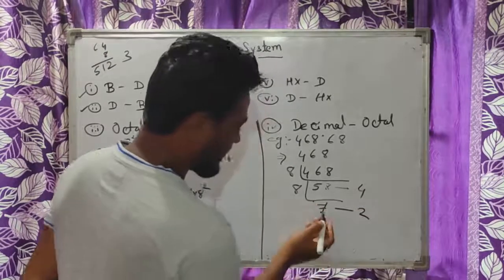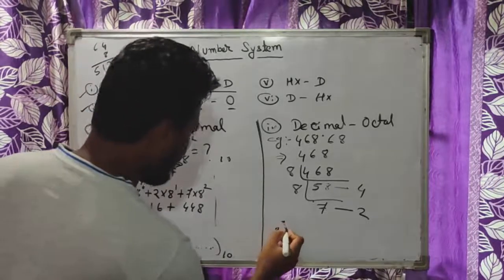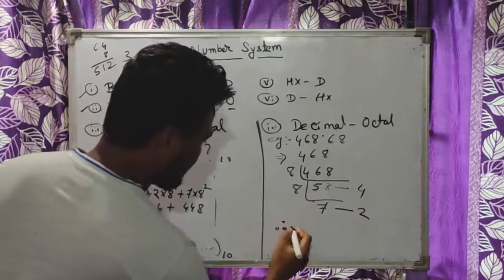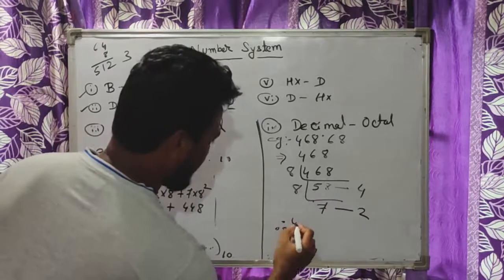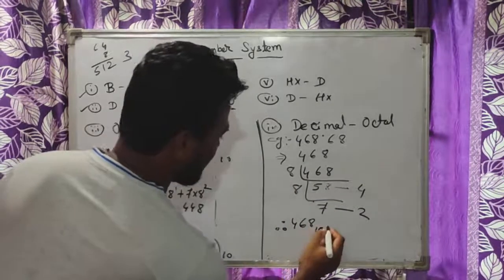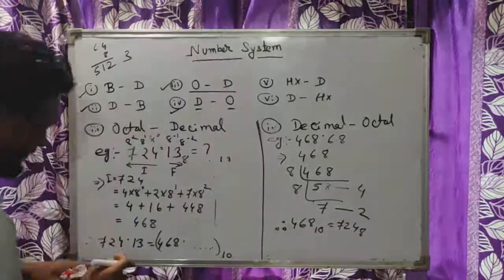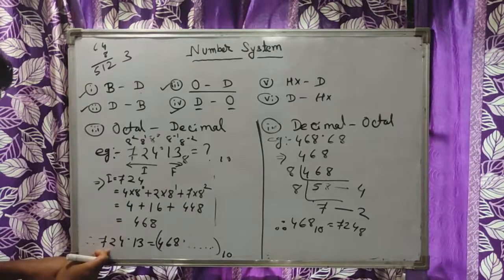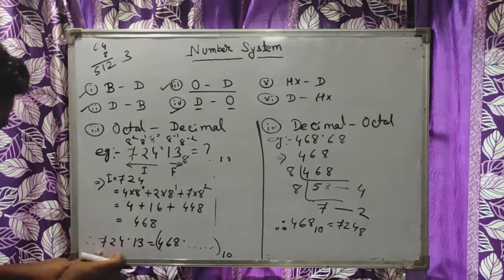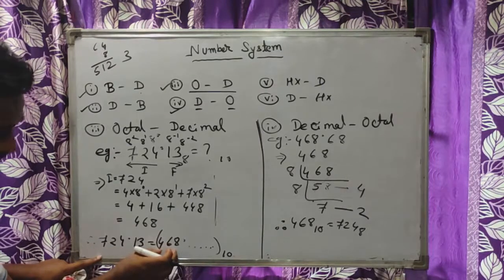Then again if you divide it, 2. Now 7 is smaller than this, so we can write here. As you can see, our integer part we are getting here. Integer part means what? 468. This is a decimal number and the octal number is 724. So you can see in this case the octal number was 724.13, and for this integer portion we are getting this decimal number.